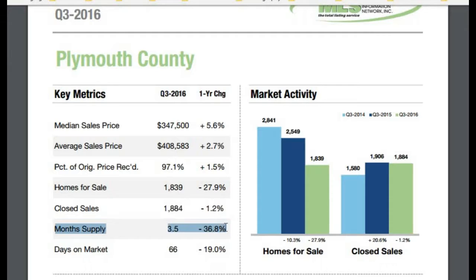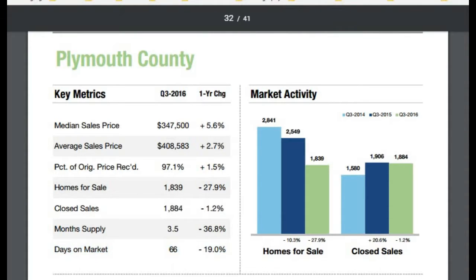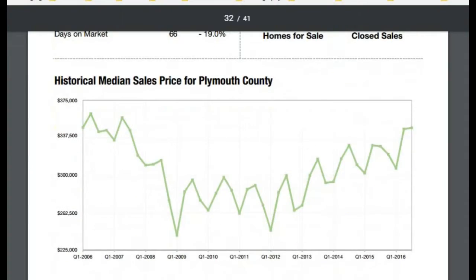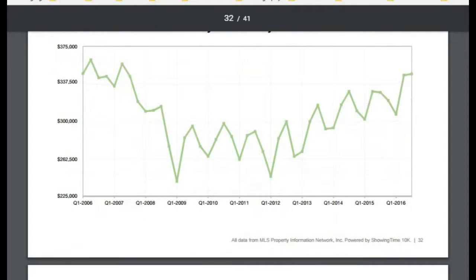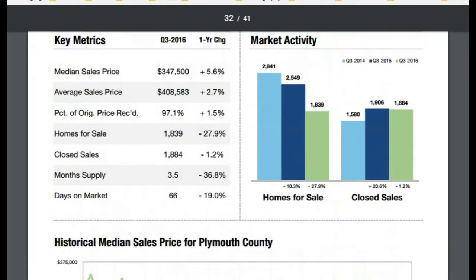Month supply of homes stands at 3.5, almost a 37% decrease from the third quarter of 2015, and days on market is 66, an almost 20% decrease. The historical median sales price is also provided for Plymouth County, and it shows you the price of homes throughout the county has been increasing since 2009.